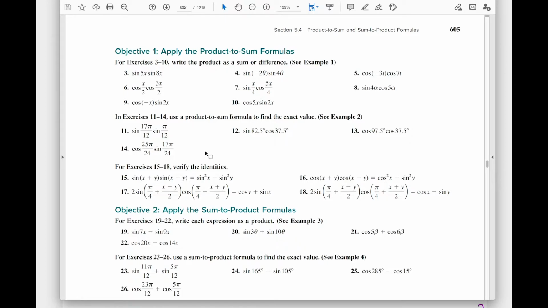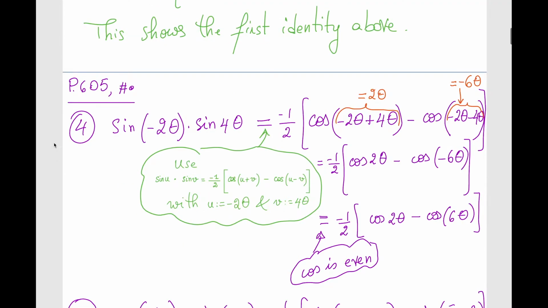If the number is crazy, the calculator is going to give you an approximation, because it's going to truncate the decimal numbers at some point, depending on your calculator. So it's going to miss a huge chunk of those decimal places, and it's not going to give the exact value. That's my point. All right, so let's take 14, use one of the product to sum formulas, and see what these guys are gonna give us.